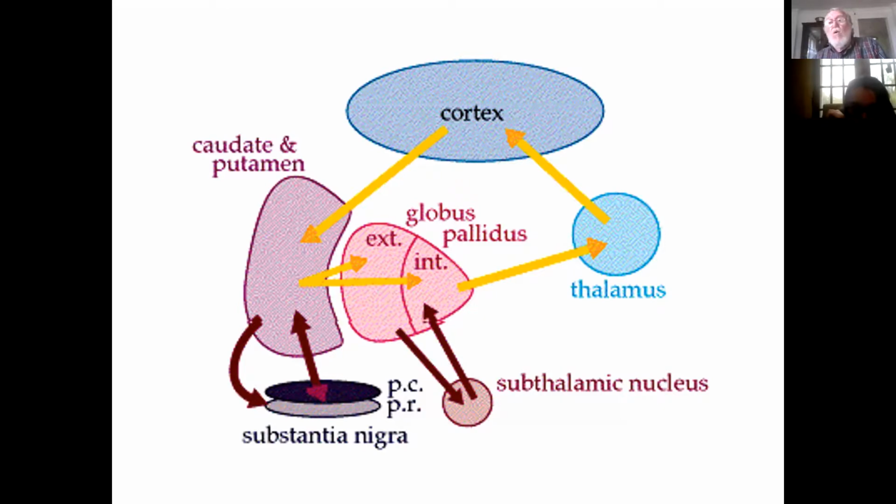And Arvid Carlsson, in his early work, was the person who basically figured out that with Parkinson's disease, with this loss of nigrostriatal input into the caudate and putamen, ending up with people with Parkinsonian tremors and things like that, you basically do what is called L-DOPA treatment.